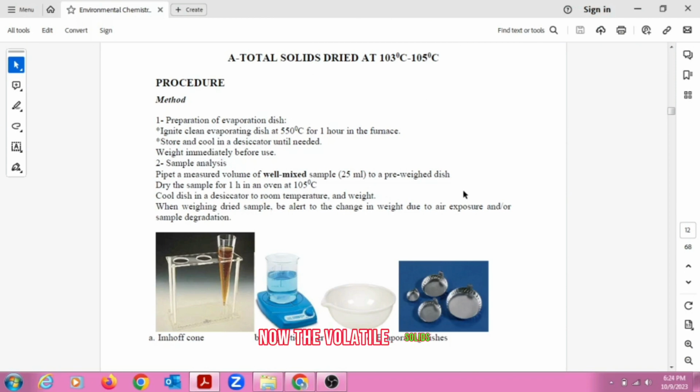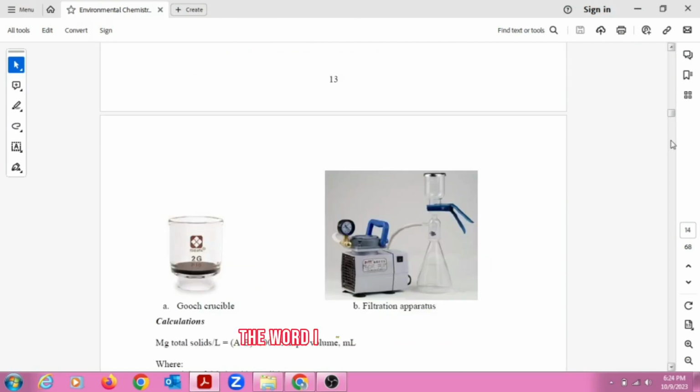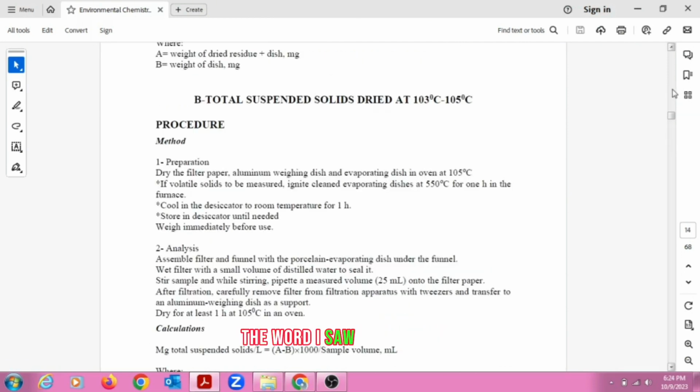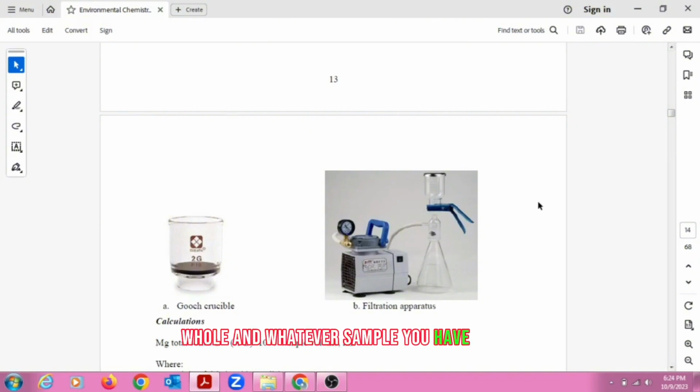Now the volatile solids. Volatile solids can be found on the whole sample, and also on whatever portion of the solids remains on the filter, or what has passed through the filter. Let's talk about volatile solids as a whole. You take the whole sample, in the same beaker as for total solids, and make sure the crucible you use is robust enough to withstand higher temperature.